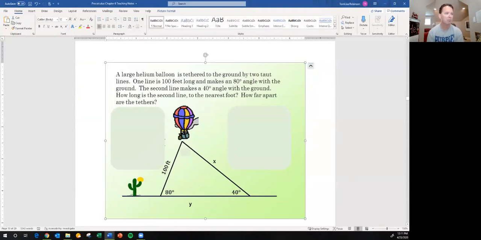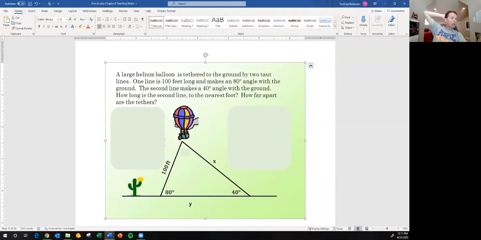Here is a problem that deals with a helium balloon that's being tethered above the ground, at different angles and different lengths, and I want to know how far apart the tethers are, which is basically I want to find y here.